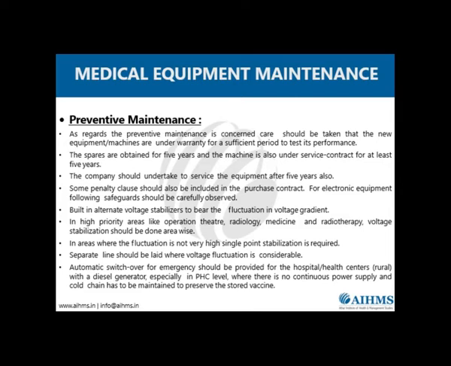So preventive maintenance should be taken into account, and there should be a guarantee warranty period. Like you can see over here, the spares are obtained for 5 years, and the machine is also under service contract for at least 5 years by any of the vendors who is supplying the machine.